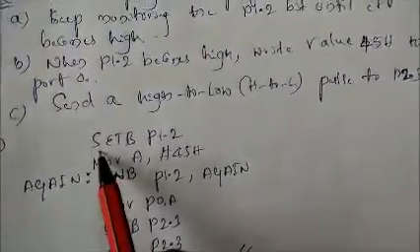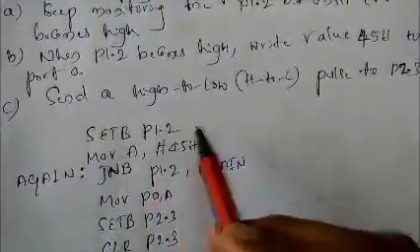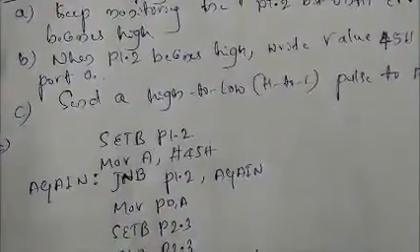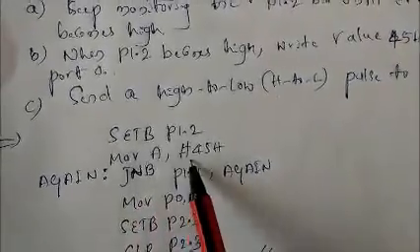How to do that? First SETB P1.2. When you write SETB P1.2, you are making P1.2 an input port.